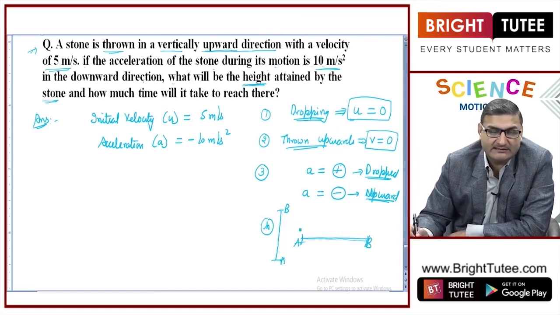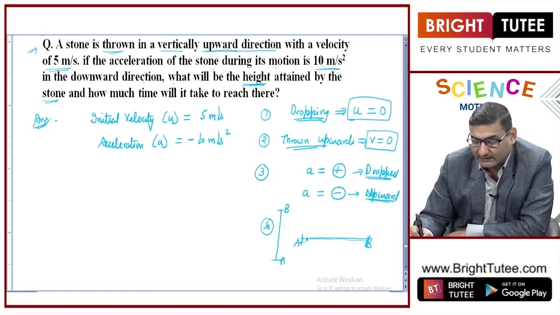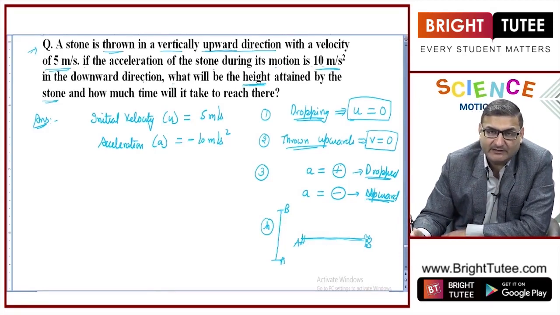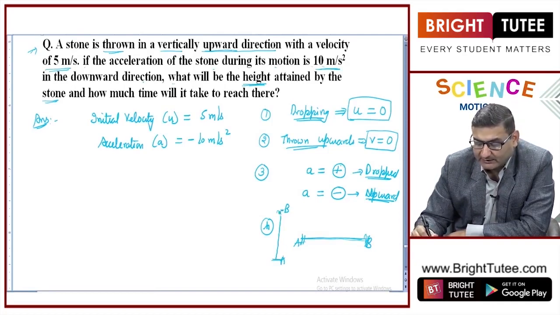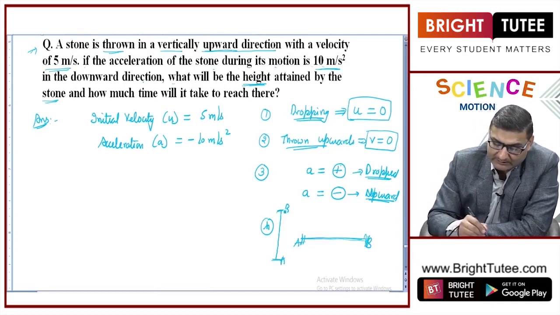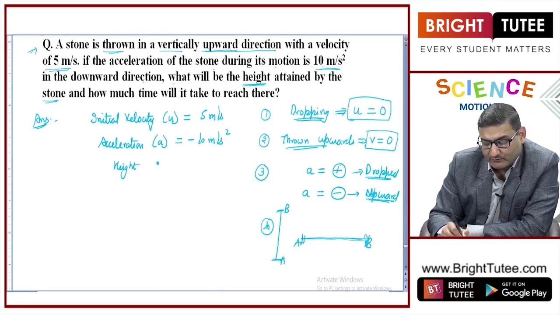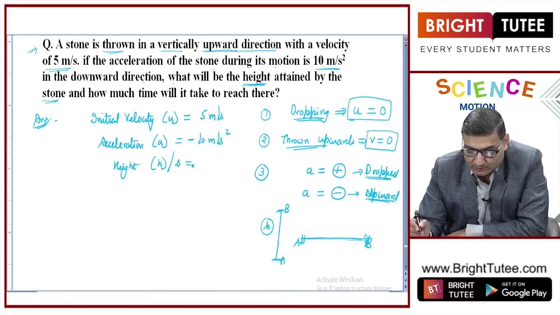So, height or the distance, they are taken to be the same thing. Distance is basically when we are talking about linear motion, and height is when we are talking about vertical motion, right. So, the height we have to calculate, or we will say that we need to calculate the distance travelled by this particular stone.